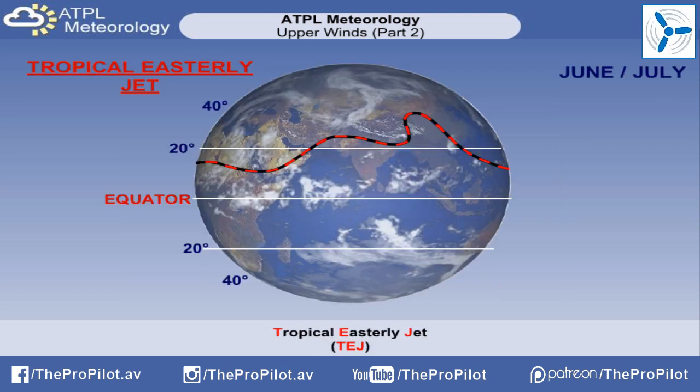The last of the jet streams to consider is called the tropical easterly jet. It may sometimes be called the equatorial easterly jet, but this term can be misleading. The diagram here shows southern Asia in the summer period. Notice the ITCZ to the north of the equator, confirming the northern hemisphere summer period.